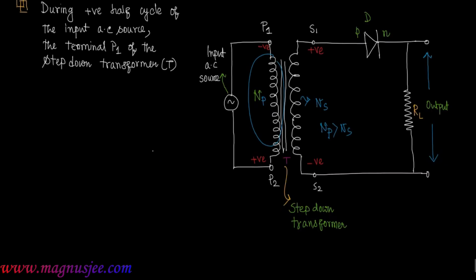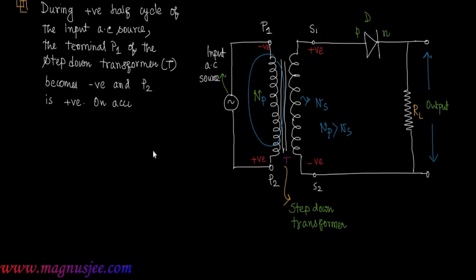During the positive half cycle of the input AC source, the terminal P1 of the step down transformer becomes negative and P2 is positive.